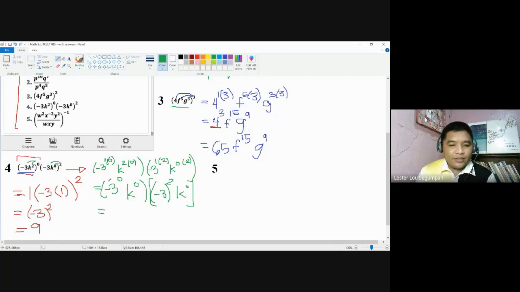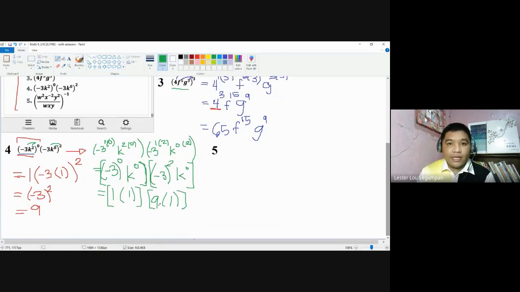Negative 3 raised to 0 is 1. Not negative 1, because again, it should be the whole. Sorry for that. 1 times k to the power of 0 is 1, times negative 3 to the power of 2 is 9, times k to the power of 0 is also 1. So basically, the answer is still 1 times 1 times 9 times 1. You'll have here 9.